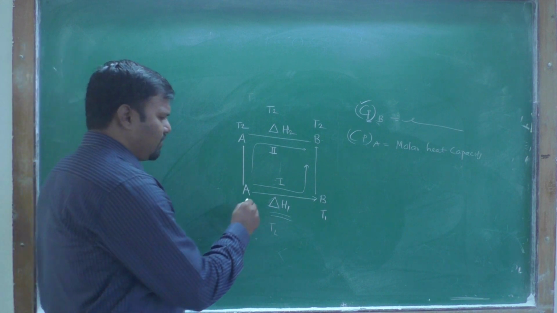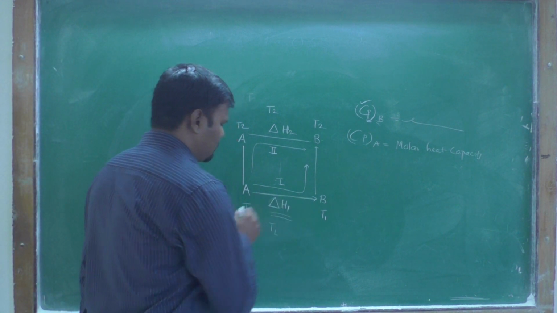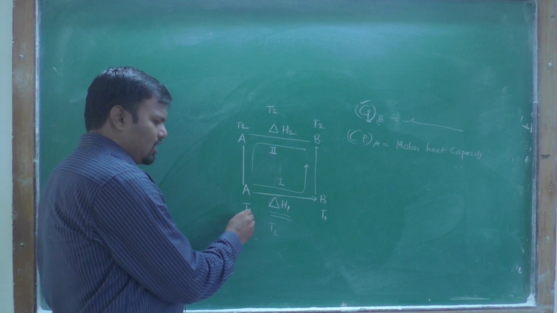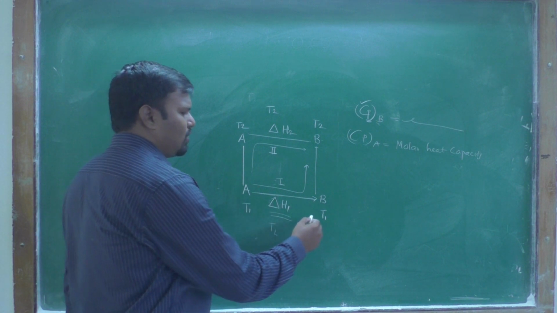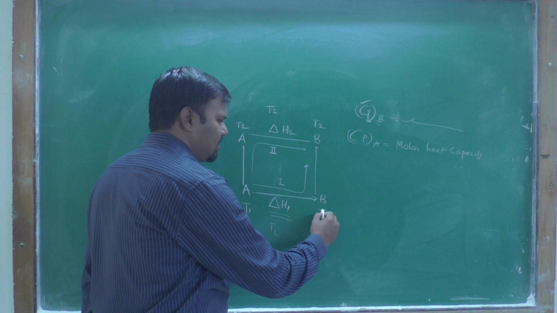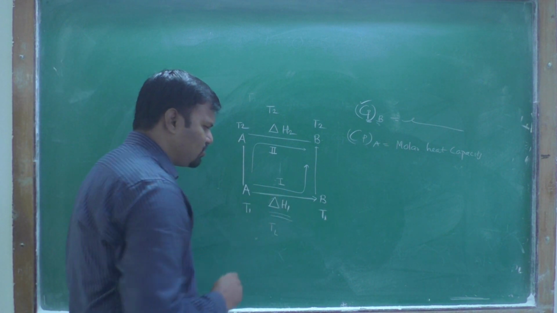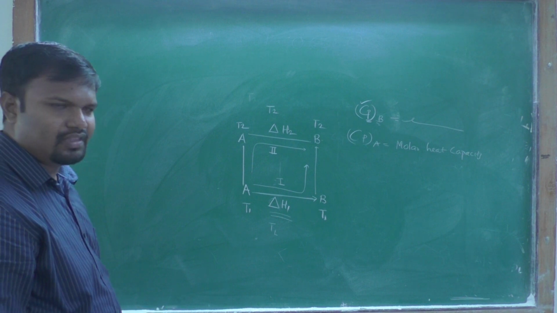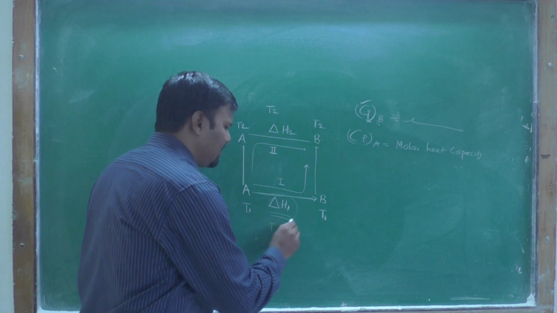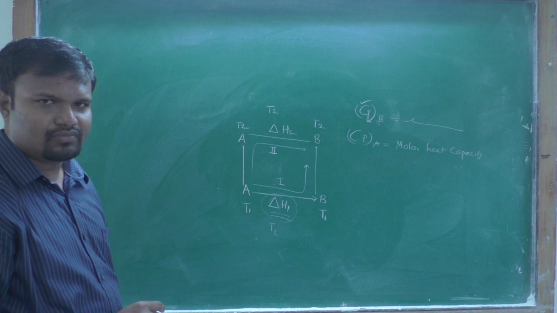Now, during the first process at temperature T1, the reactant is converted to product at the same temperature, and heat evolved is given by delta H1.